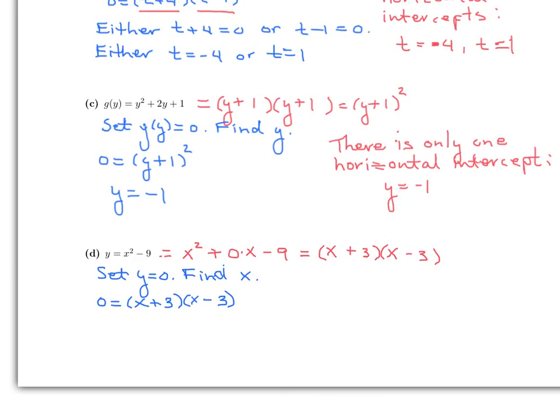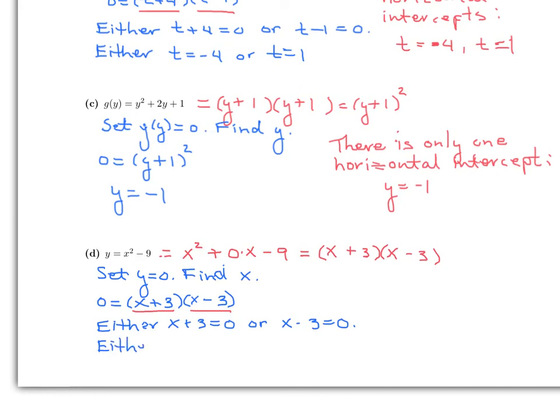And we use the zero product property. We have this times this equaling 0. Therefore, one of these must be 0. So either x plus 3 is 0, or x minus 3 is 0.